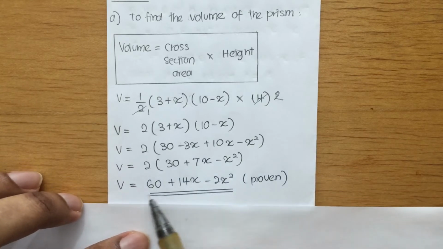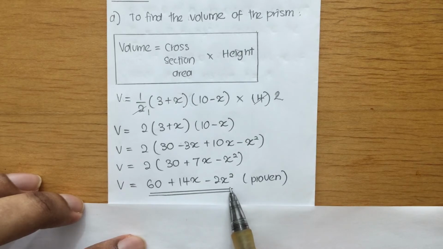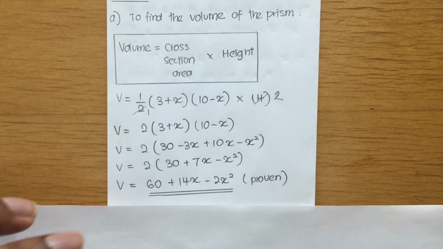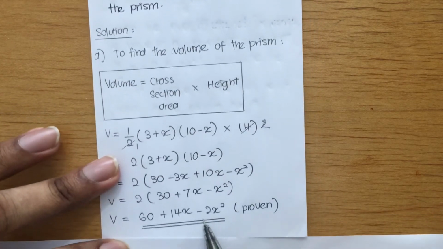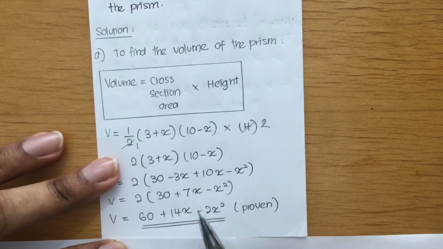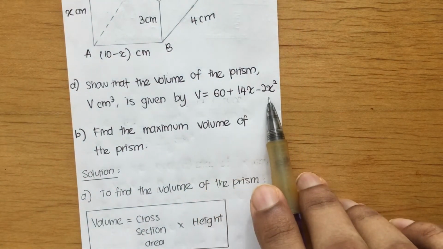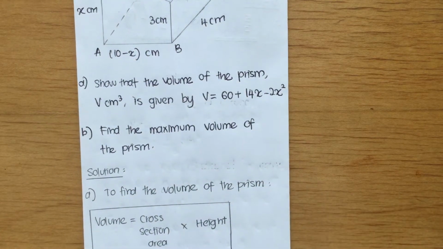So from here you get V equals 60 plus 14x minus 2x squared. Okay, as you look over here, we have already proven the equation. This is the equation that we get, and this is the equation the question asked us to find. Okay, we have already successfully found it.